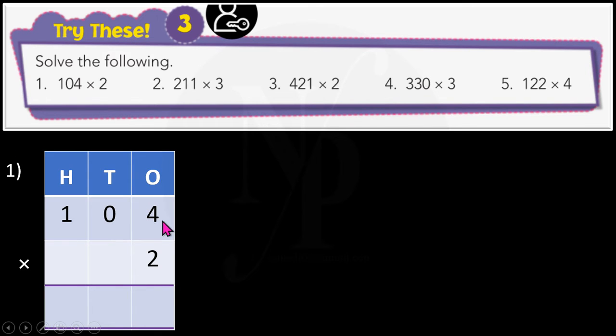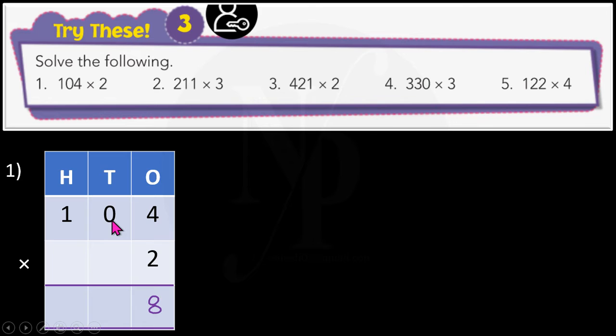In 104, 1 is in hundreds place, 0 is in tens place, and 4 is in ones place. We multiply these digits by 2, starting from digit at ones place. So we multiply 4 by 2, that is 2 4s are 8. So we write 8 here in ones column. And then we multiply the digit at tens place by 2.